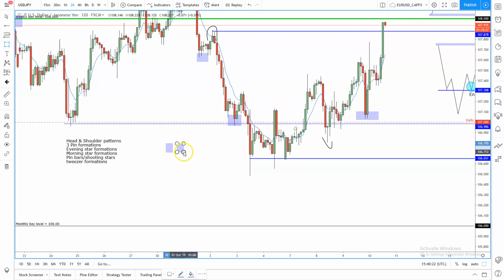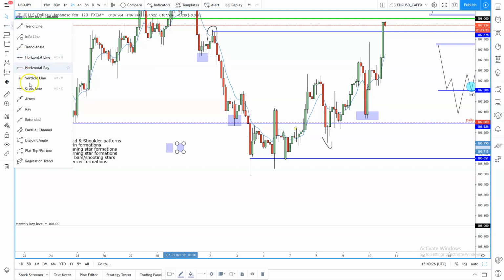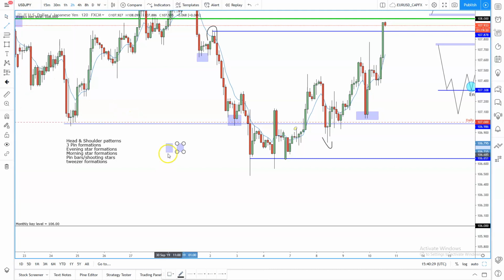Tweezer formations are basically a pair candle, so we need 2 candlesticks to make up this formation. Just make this straight, okay, perfect. And then one more here.